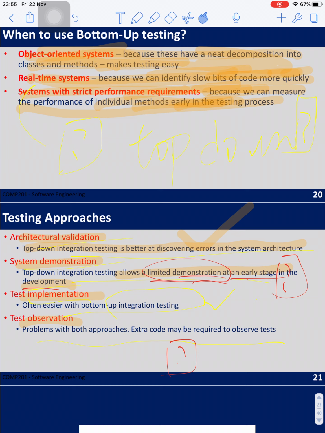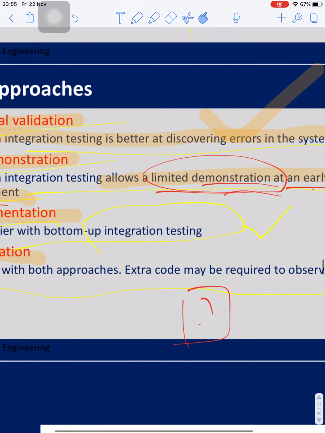The reason why it's OO is obvious because it's originally a kind of class and method hierarchy, and the real-time system because we can identify the slow bits more quickly, because we can localize where the error comes from.